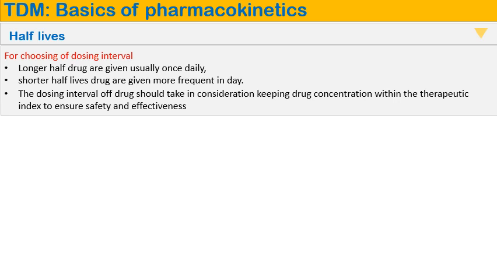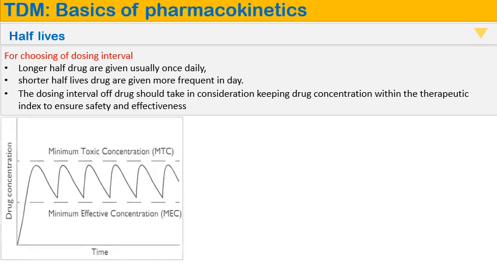Okay. The longer half-life drug are given usually once daily or less frequently. Shorter half-life drug should be given more frequently in the dose interval when determined should be keeping the drug concentration within the therapeutic index to ensure safety and effectiveness.